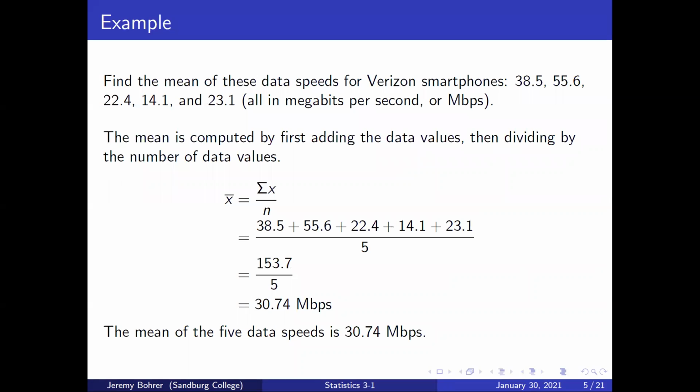So x bar equals sigma x divided by n, which is equal to 38.5 plus 55.6 plus 22.4 plus 14.1 plus 23.1, all divided by 5, which is 153.7 divided by 5, which is 30.74 Mbps. The mean of the 5 data speeds is 30.74 megabits per second.